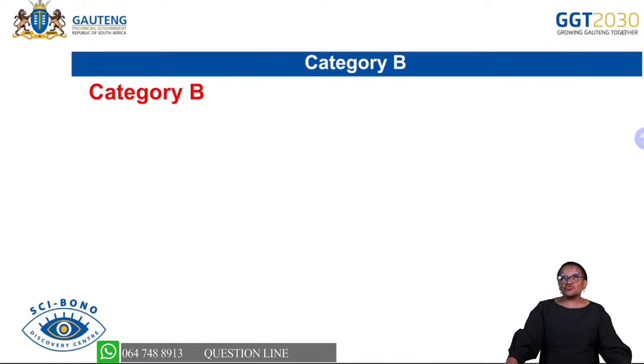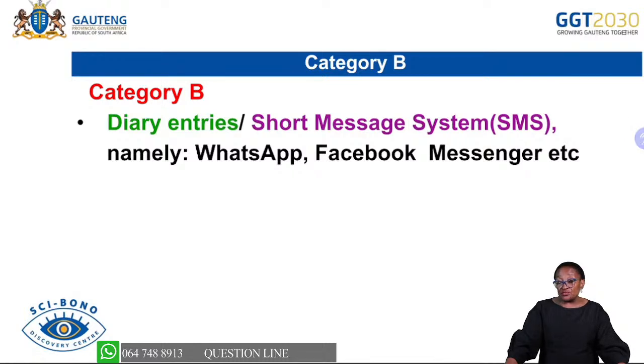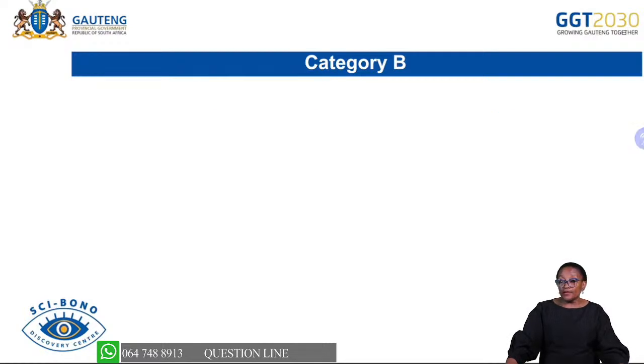Now we're moving on to category B. We are done with category A of section C. Remember, we said this category is made up of diary entries and short message systems, e.g., WhatsApp, Facebook, Messenger, etc. Let's have a look at the diary entry.